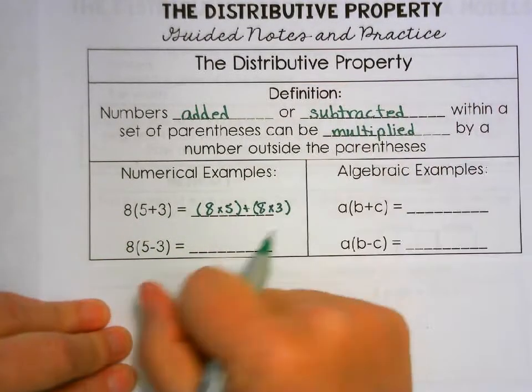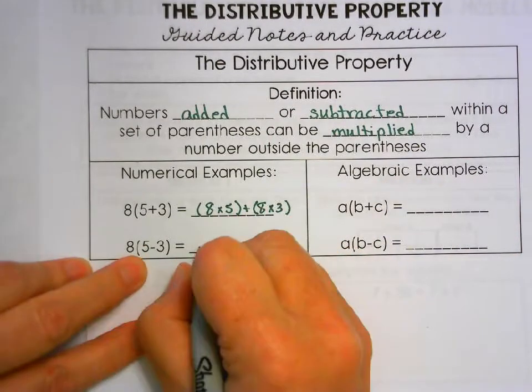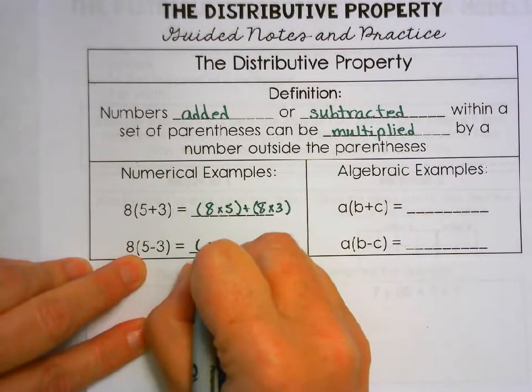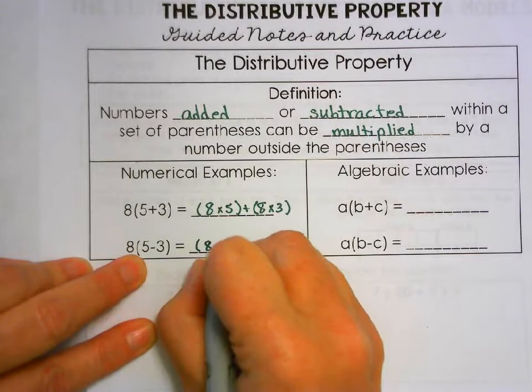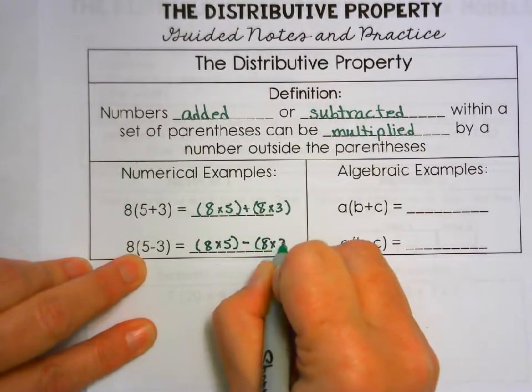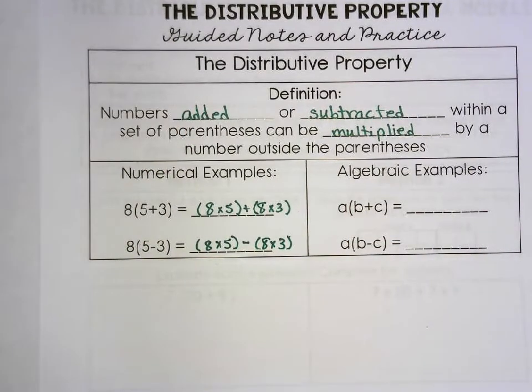And there are different times when we want to use each one. It works for subtraction as well. 8 times the quantity of 5 minus 3 is the same thing as 8 times 5 minus 8 times 3. So let's watch and let's see how this works.